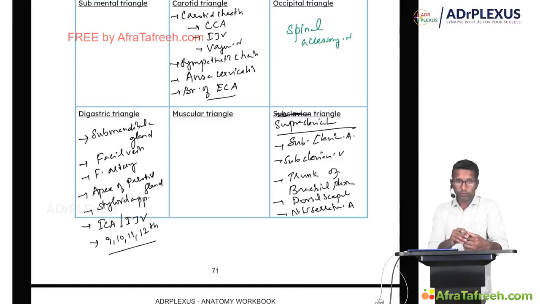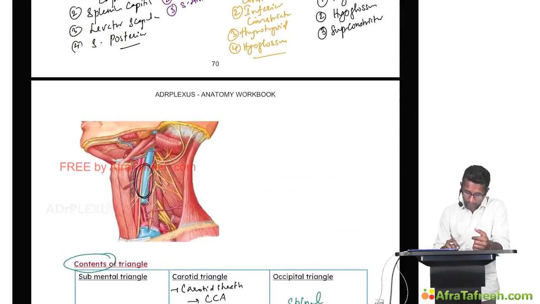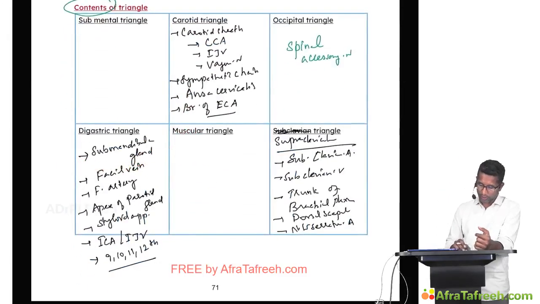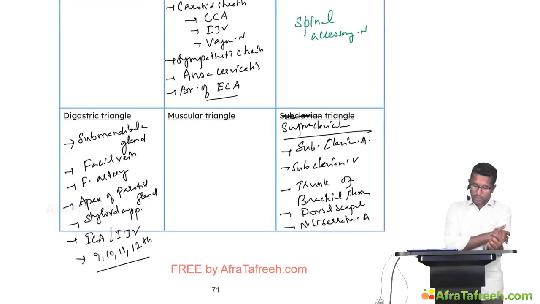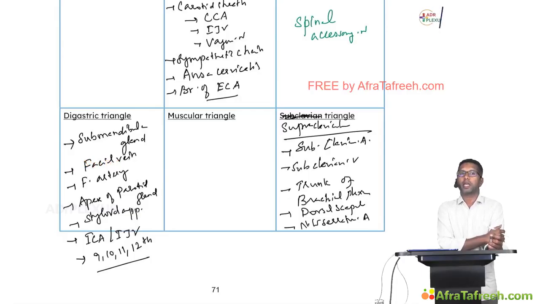So the posterior part of the digastric triangle is very, very important. When you go deeper in this area, you can see the styloid apparatus, internal carotid artery, internal jugular vein, and the 9th, 10th and 11th nerves. These are all the contents of the digastric triangle.